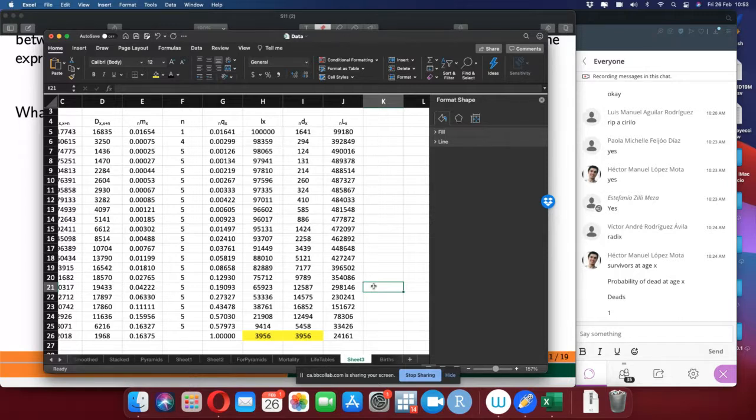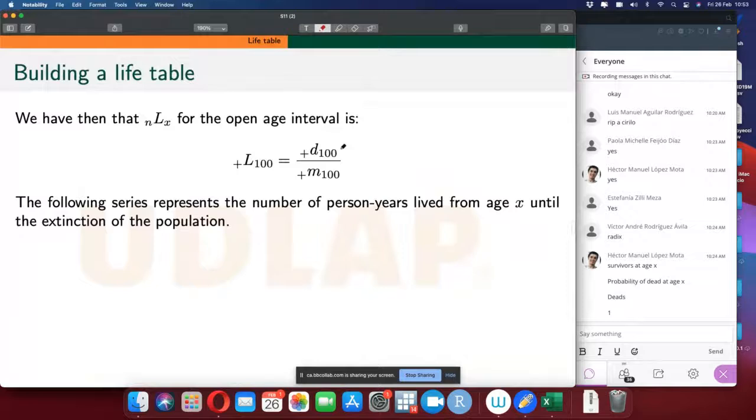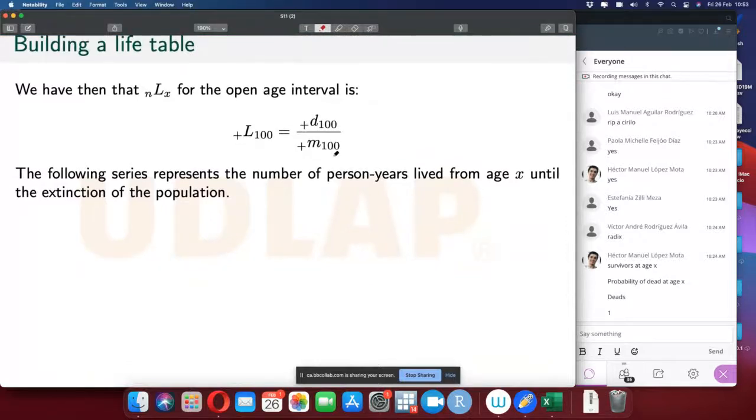But what if I want to ask, in total, how many person years will this population, from age X to the end of the life table, provide? Well, this is just the explanation for the previous slide.